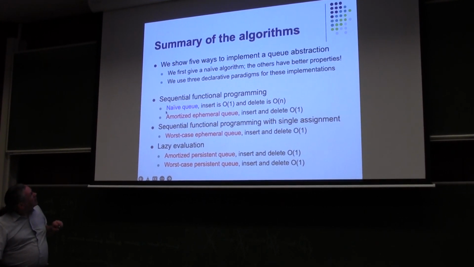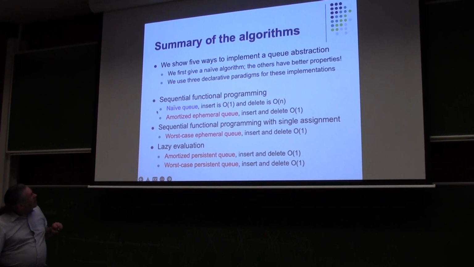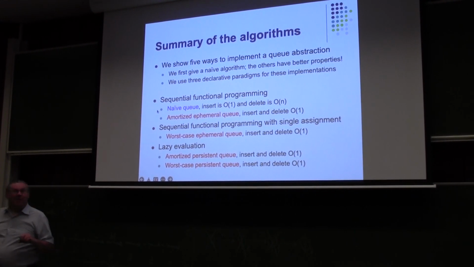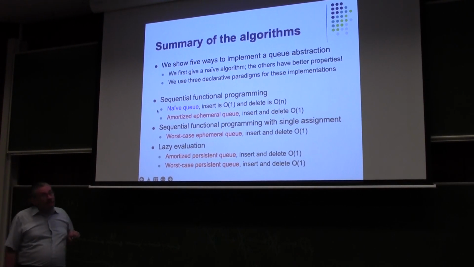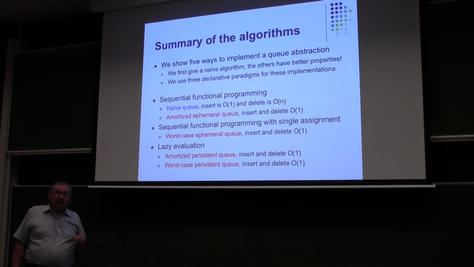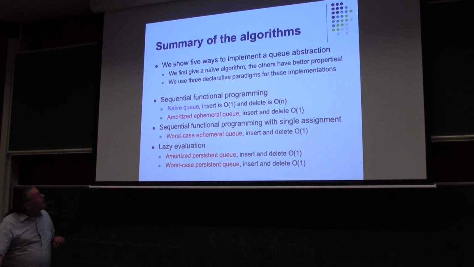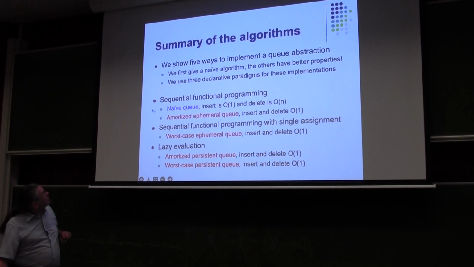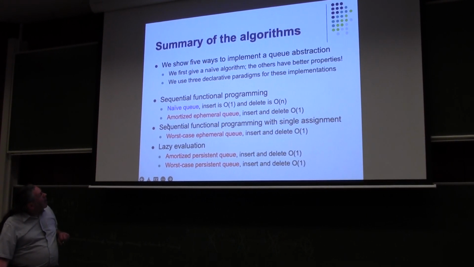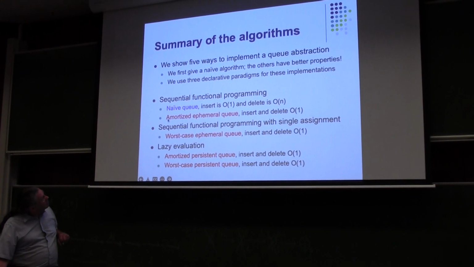The blue one here is the naive queue. It's really the worst of all. The insert is constant, but the delete is order n. Delete is slow. You'll see when I show you the code, it's written in sequential functional programming. I can make it a little bit smarter.